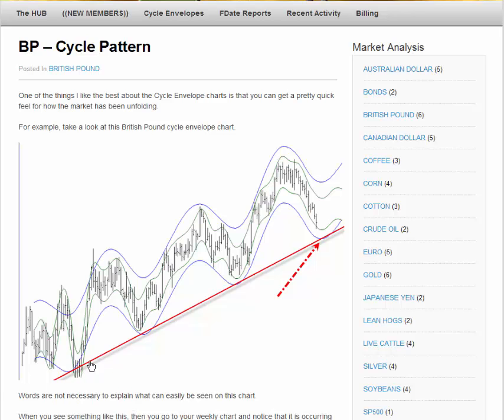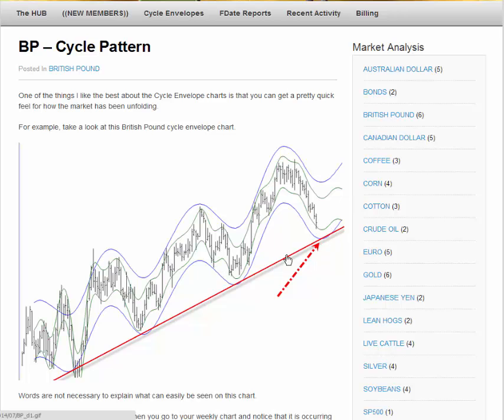So I've drawn this upward trend line to see how we've got this nice symmetrical pattern happening here, and this gives us a heads up that there is a good probability that we will do this again.